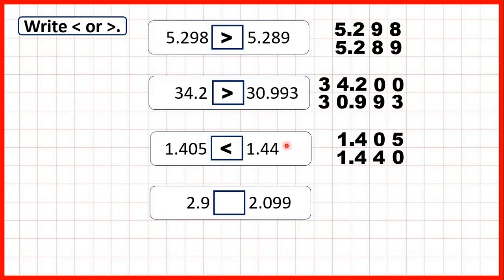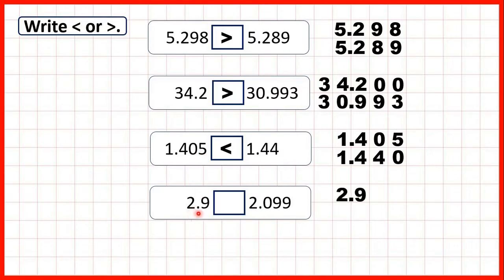And if you put zeros on the end of decimals so that you're comparing decimals with the same number of decimal places, it's much easier to see which is larger. Because we know that 1440 is larger than 1405, we know that 1.44 must be larger than 1.405.